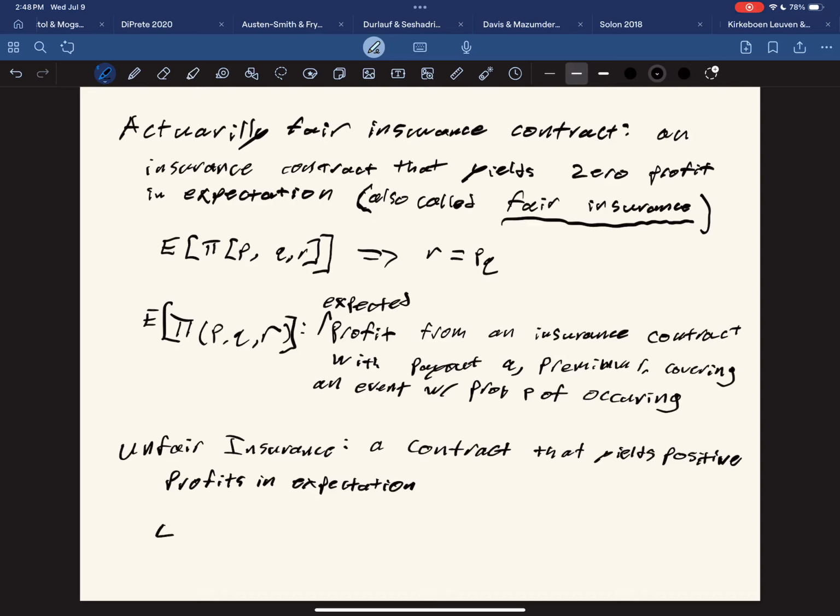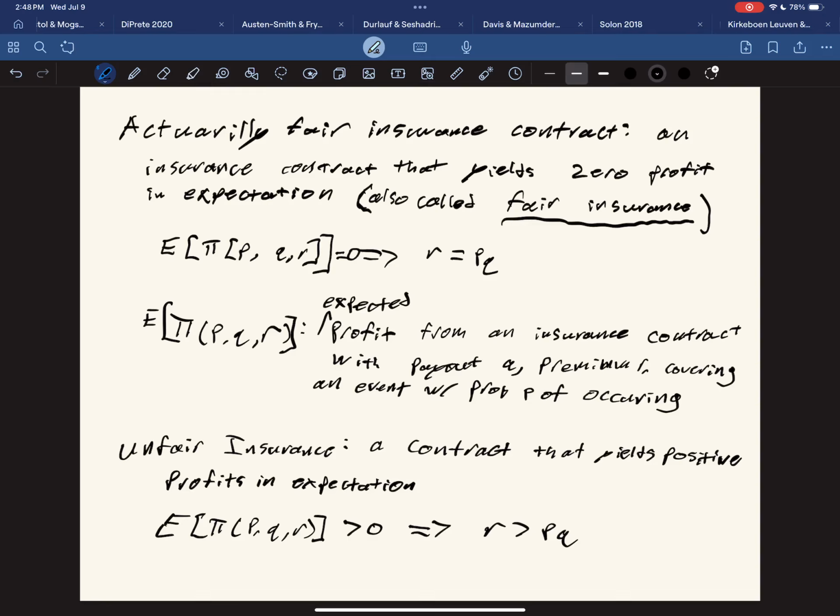So that means the contract is unfair if the expected value of the profits should be greater than 0, which implies that R is greater than PQ.